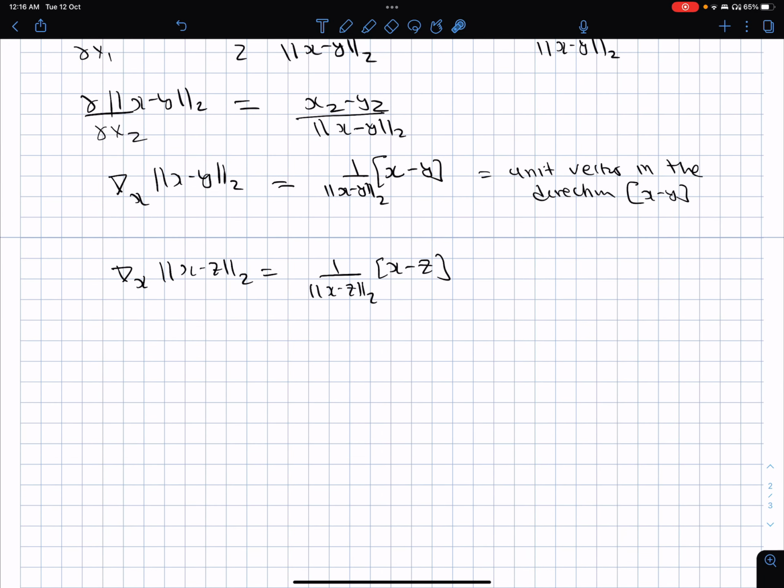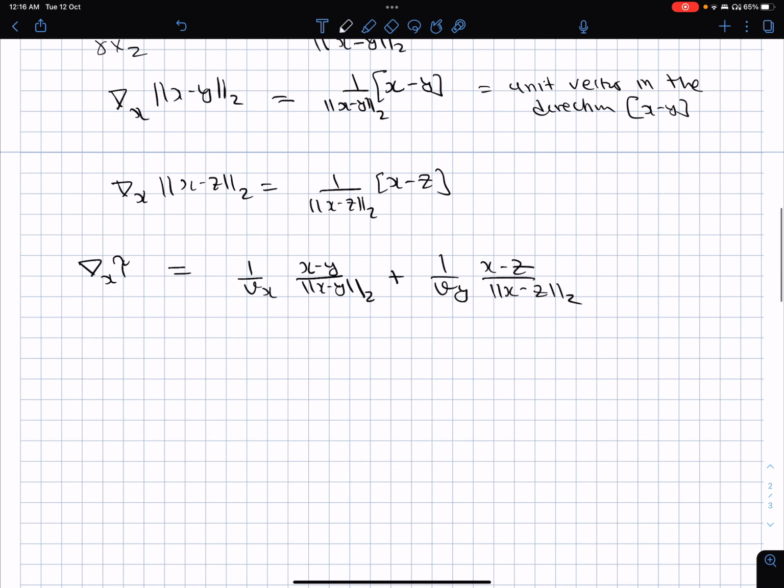So therefore now we can write the gradient of our tau is going to be equal to 1 by vx times x minus y divided by the length of x minus y, plus 1 by vy times x minus z divided by the length of x minus z. This becomes the gradient function.